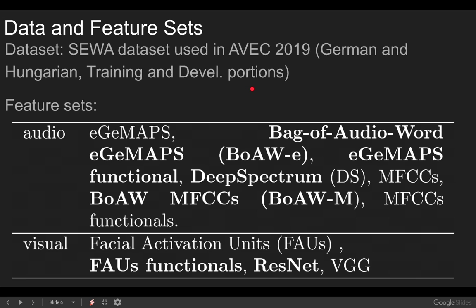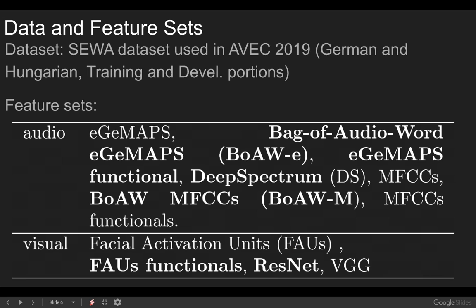However, because the testing dataset is not available, we only use the dataset for training and development, that is German and Hungarian. And for feature sets, we use two modalities, audio and visual. We use 7 acoustic feature sets from audio and 4 visual feature sets listed here: GeMAPS, functionals of GeMAPS, and deep spectrum from audio, MFCC, and FAU for visual.